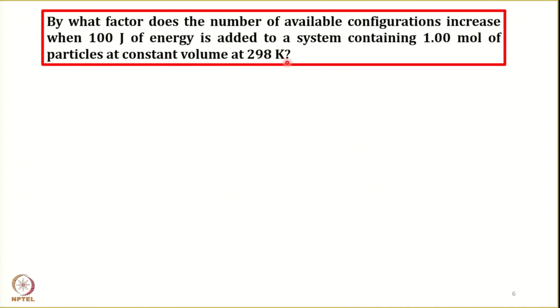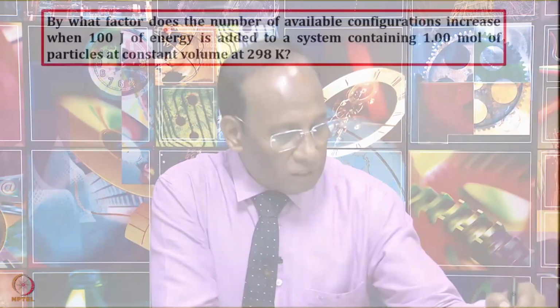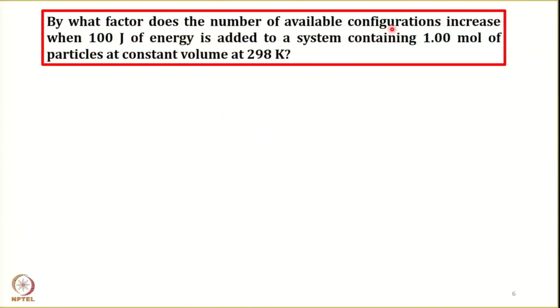If you read the statement again, as I earlier mentioned, first you try to understand the given statement very, very carefully. The statement is, by what factor does the number of available configurations increase? That means they are talking about how much the weight of a configuration will increase when 100 joules of energy is added.